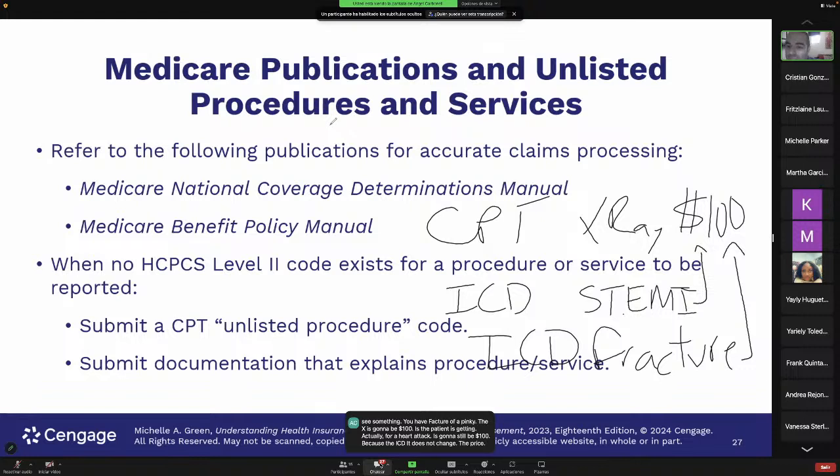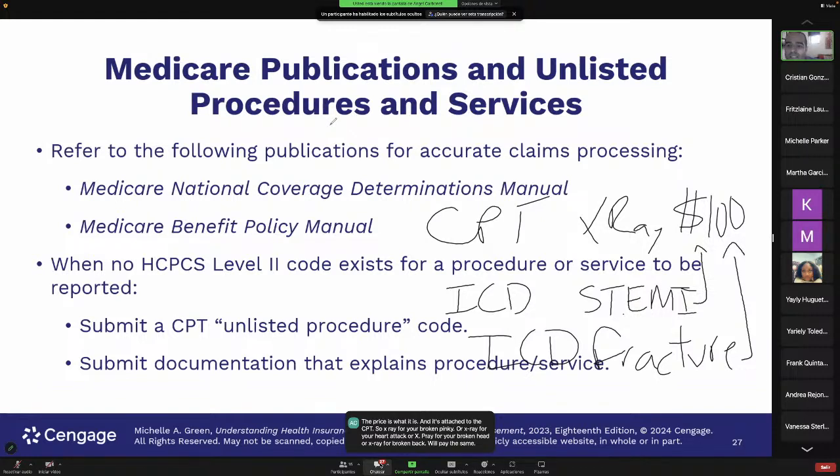The price is what it is, and it's attached to the CPT. So an X-ray for your broken pinky, or for your heart attack, or for your broken head, or for a broken back will pay the same.